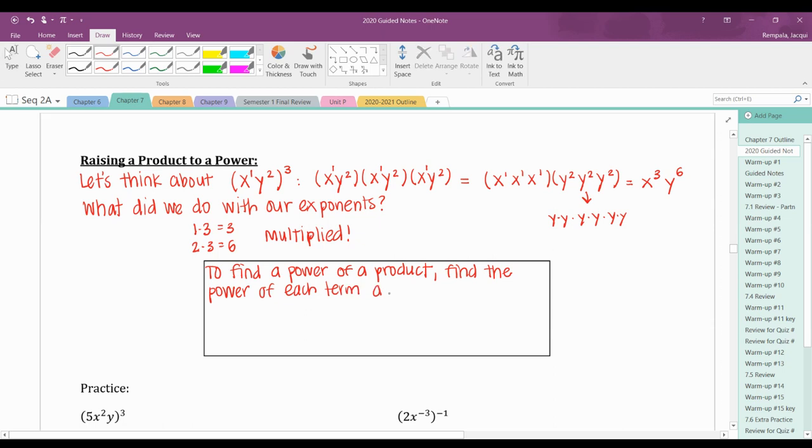And then we are going to multiply. Okay, so here's our formal definition. If I have x to the power of m times y to the power of n and that whole thing is to the power of p, keep the base of x, but m times p, and then keep the base of y, and then n times p. So essentially, we are distributing the outside exponent to every exponent inside.